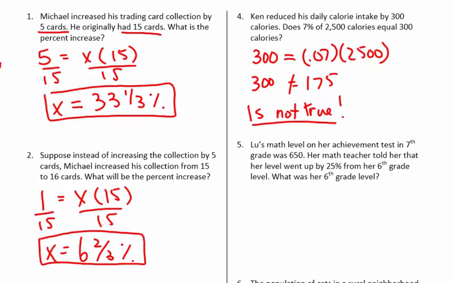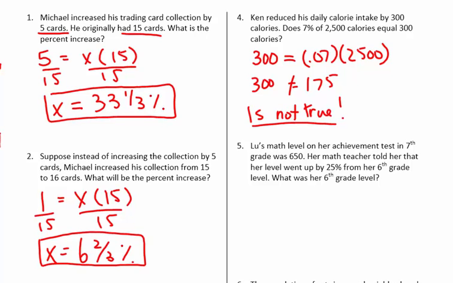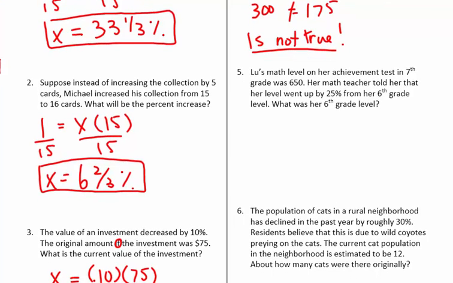Number 5, Lou's math level on her achievement test in 7th grade was 650. Her math teacher told her that her level went up by 25% from her 6th grade level. What was her 6th grade level? So the 650 represents her achievement right now. And it went up by 25% from her 6th grade level. So right now, it's an increase of 25%.